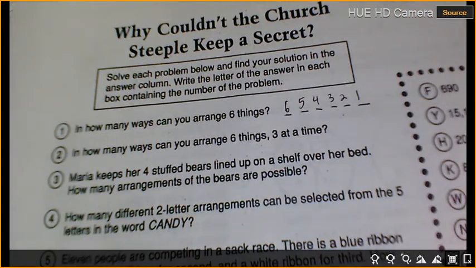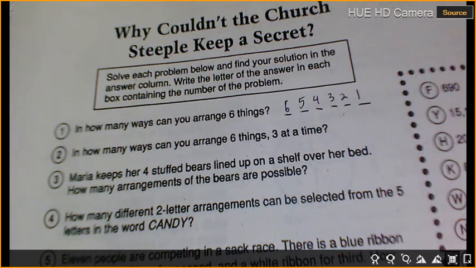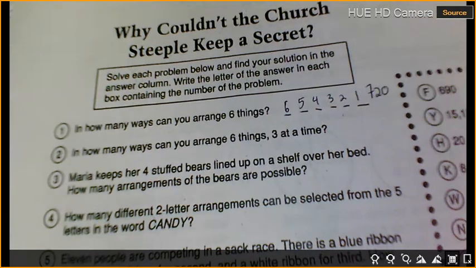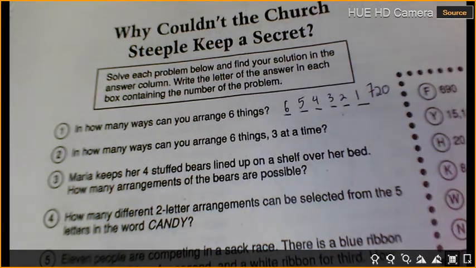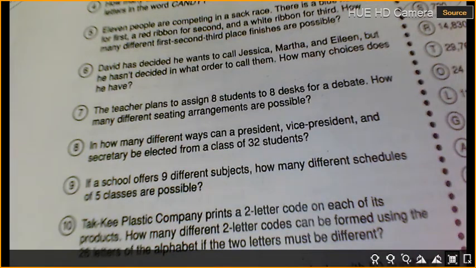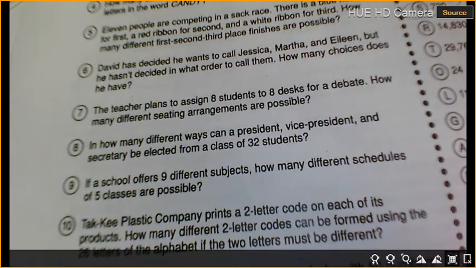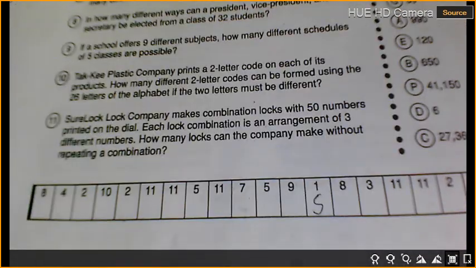So you go 6 times 5 times 4 times 3 times 2 times 1. You get 720. So over here, 720 is S. So wherever you see 1, you're going to put S. And it's going to answer, why couldn't the church steeple keep a secret?